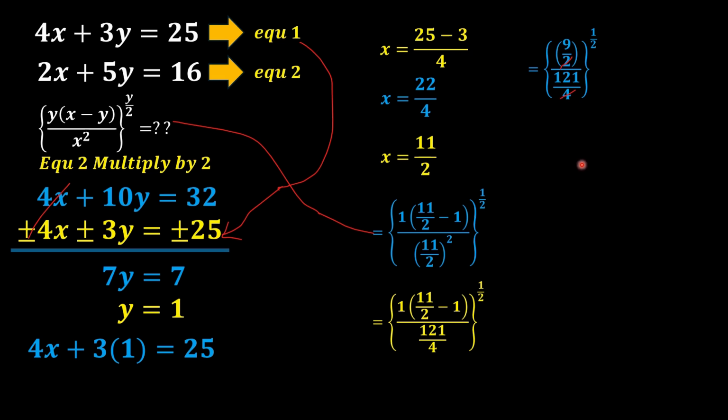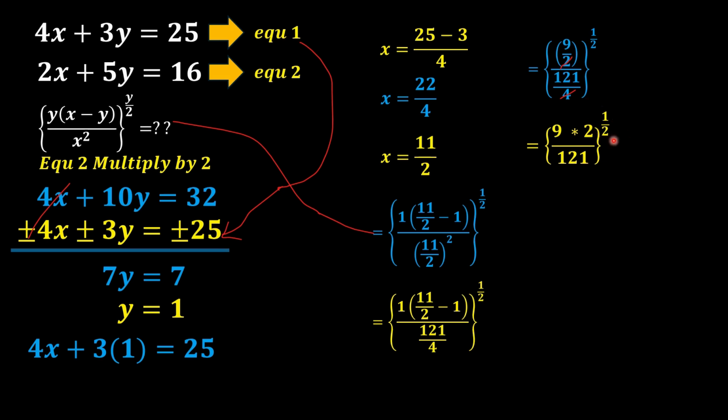After cancelling both of these values, we get 9 in the numerator. Dividing 4 by 2, we get the value 2, and it will multiply with this 9 and move to the numerator, and 121 in the denominator will remain the same. The overall power of half will remain the same.